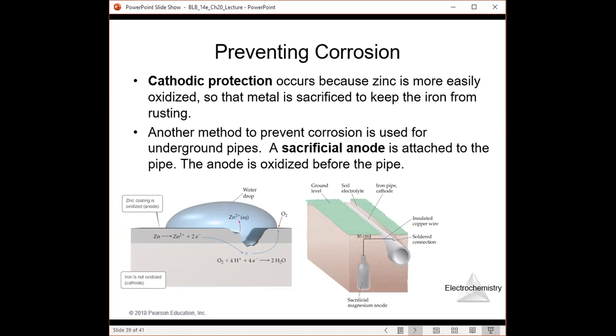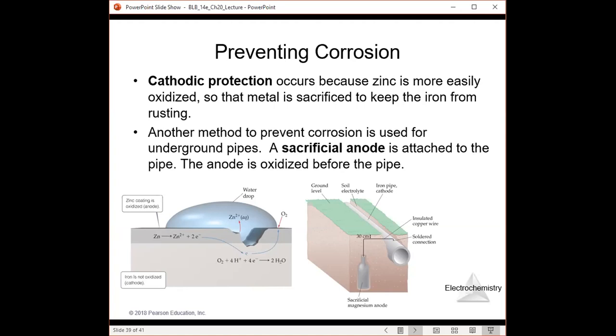Now, with pipes, if pipes have iron in them and they bury them below ground, the soil can act as an electrolyte. So they put a magnesium anode in there that becomes sacrificial. They weld it together, and that keeps the pipe from rusting.